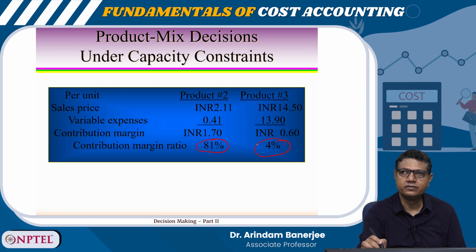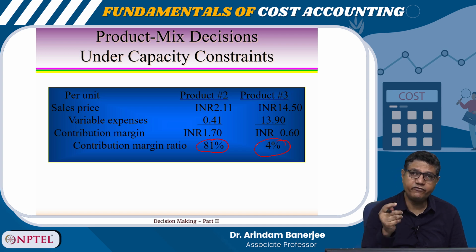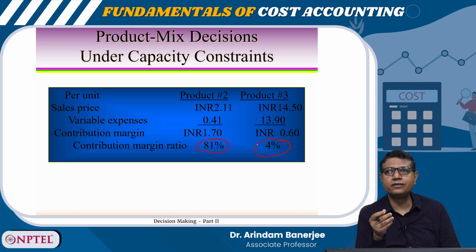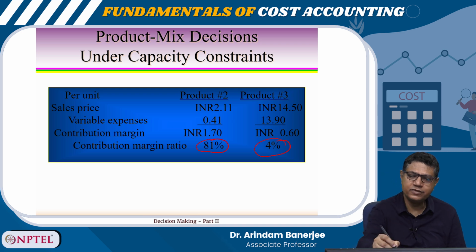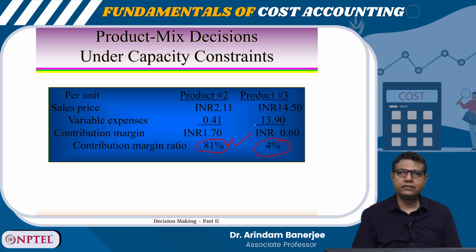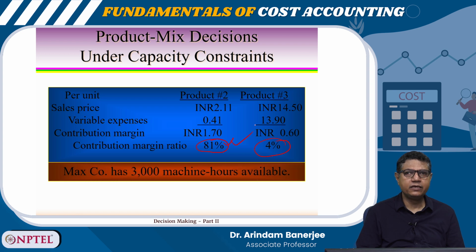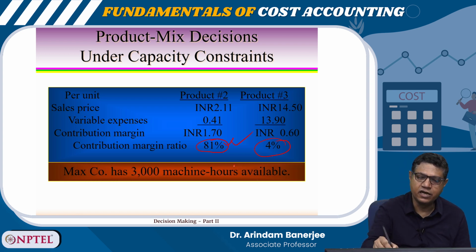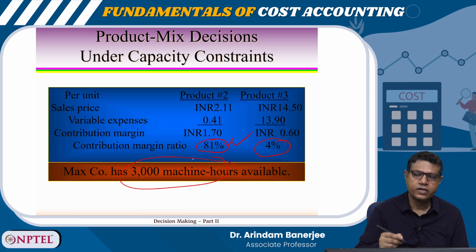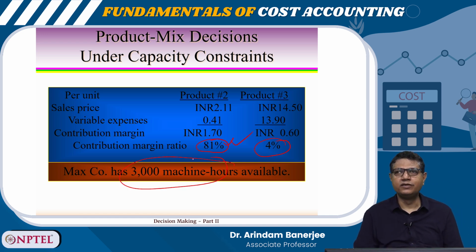So if my factors of production are available in abundance, then I should always go for this, but in practice it doesn't happen. So here I have a constraint. What is the constraint? The constraint is the machine hours. The total machine hours available is only 3000 units, not more than that.